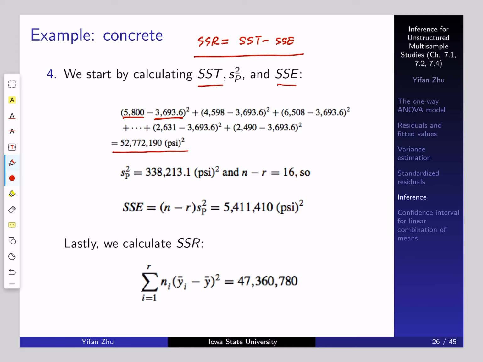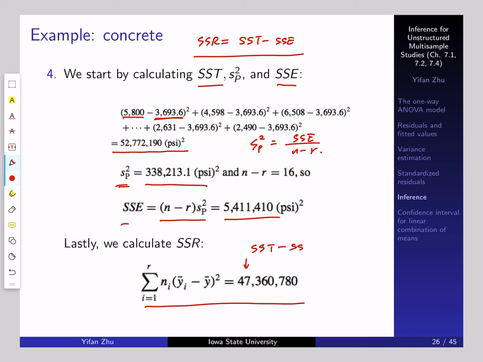And the total sum of squares is this number. To calculate SSE, we use that Sp squared is SSE divided by n minus r. So if we know Sp squared, then SSE is just n minus r times Sp squared. And SSE is this. So the SSR is just SST minus SSE.